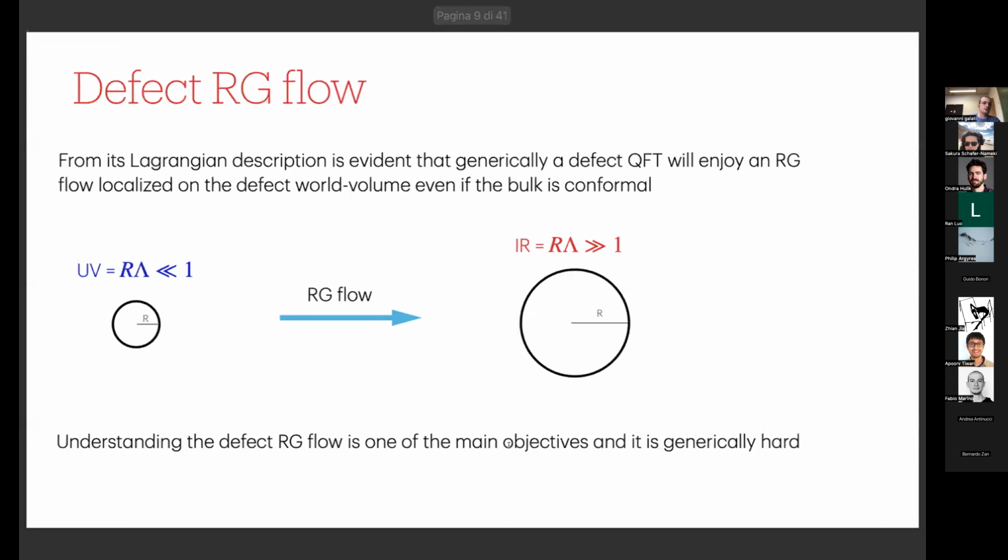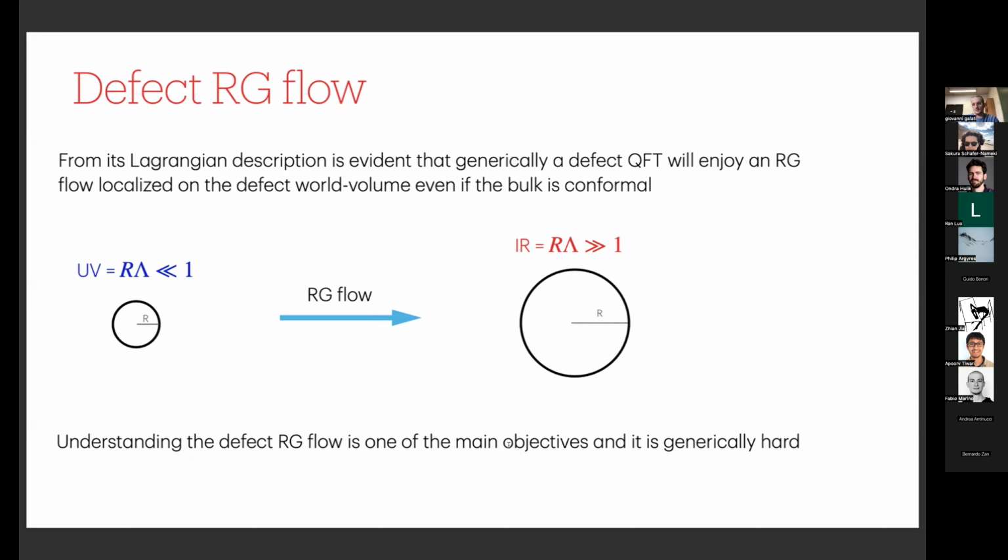Okay, so from its Lagrangian description, it's also very evident that extended operators will generically feel energy flow even when the bulk is conformal and does not run. There is a very nice way to interpret this energy flow: when we introduce an extended defect, we introduce a new scale in the problem, related to the size of the defect.